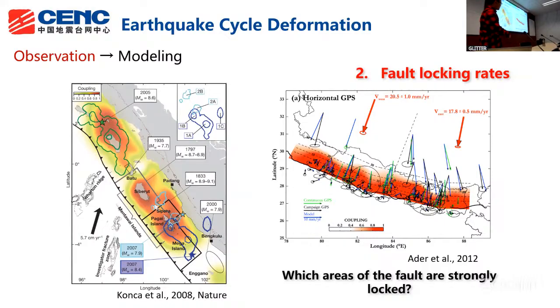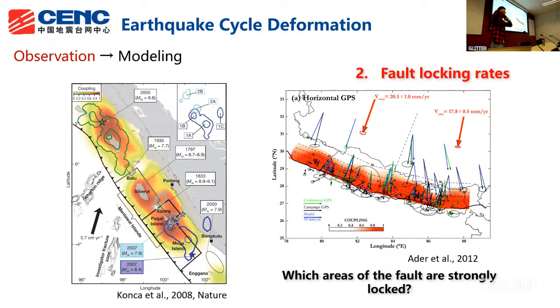The fault lock refers to the fault plane. The fault plane under pressure is pushed very hard, and if the fault is not locked, it will move very slowly. So the strain energy is not accumulated in this stage.